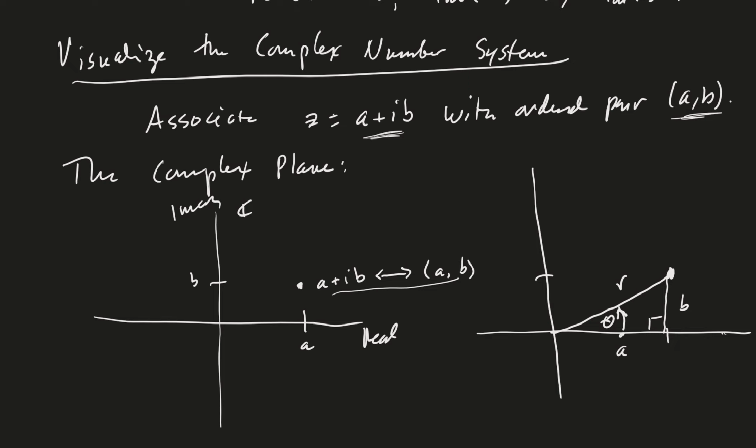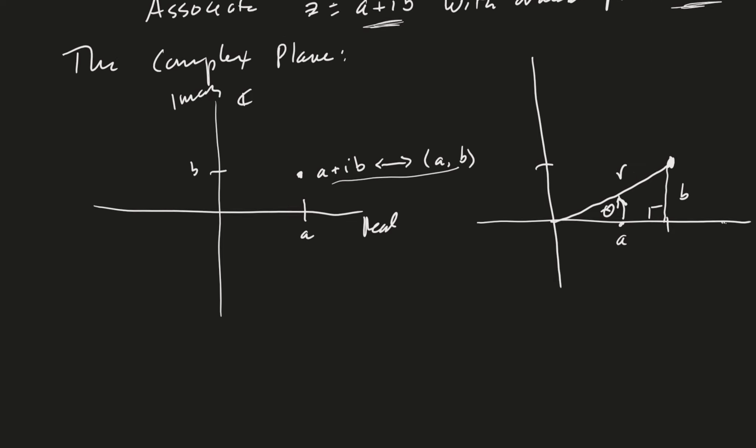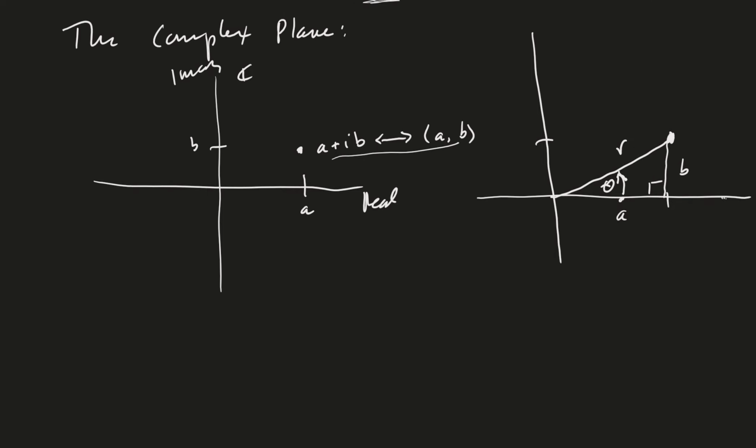Very good. Okay, so in this triangle then, what is the r and what is the theta? R is the square root of a squared plus b squared. And theta? Well, we can put theta for now. Maybe I'll write, just to pause here for a second, tangent of theta is b over a, right?